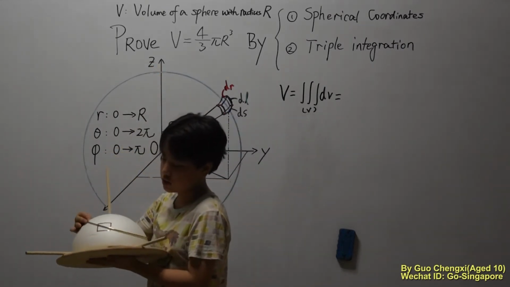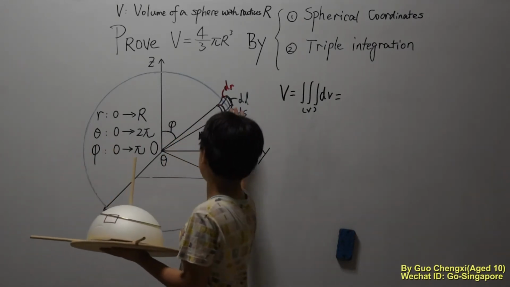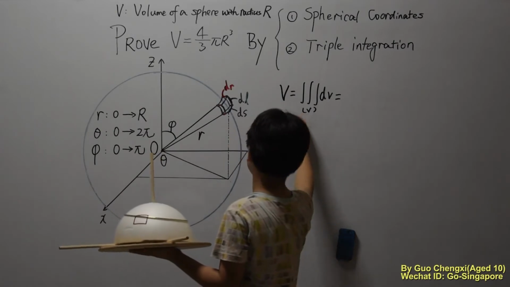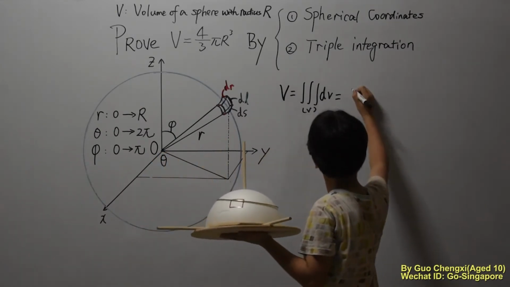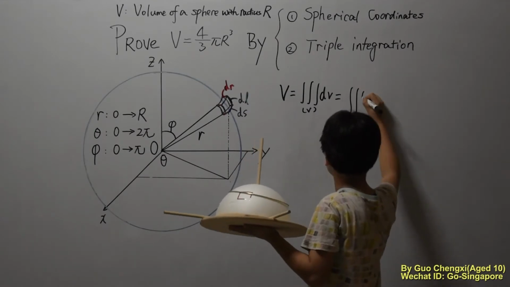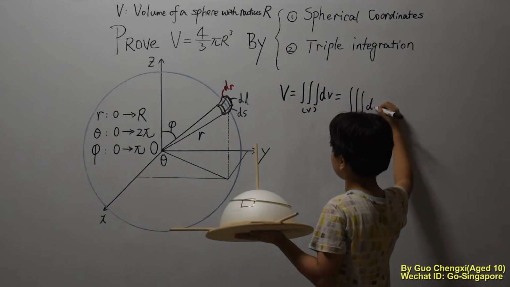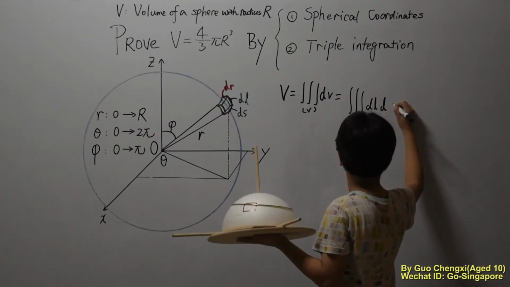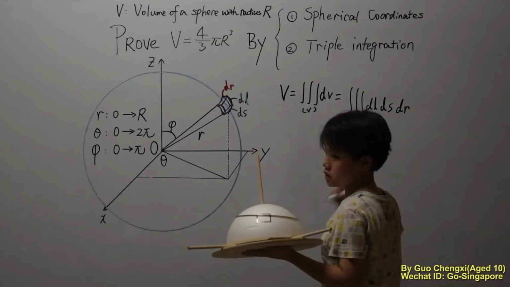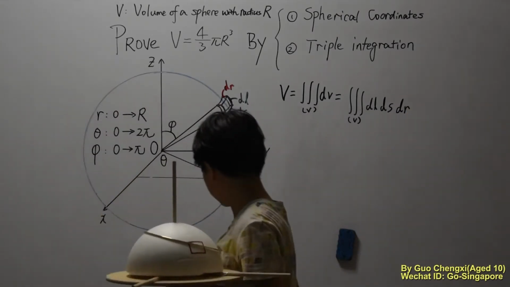And this is basically the part that I'm talking about. This is why you need a triple integration, which will become like this, okay?